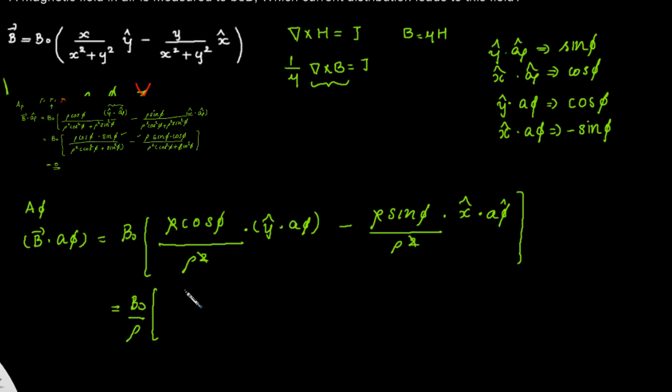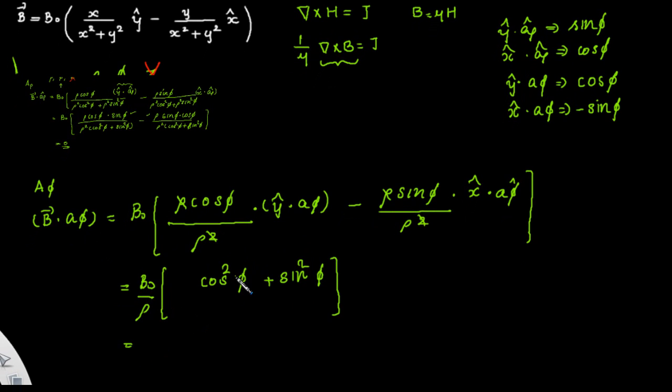From that we will have cos phi into cos phi, that is cos square phi, minus sin phi into minus sin phi, that is plus sin square phi. This is the component along a phi, and cos square phi plus sin square phi is 1.